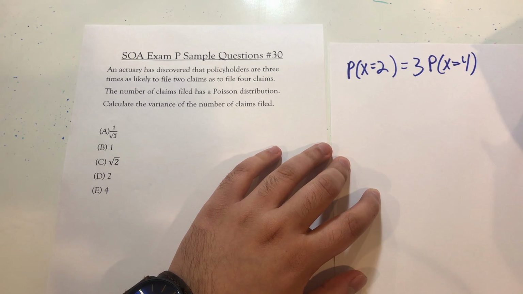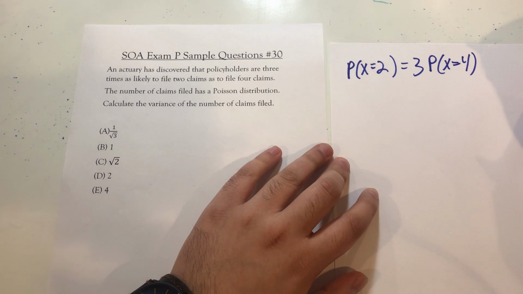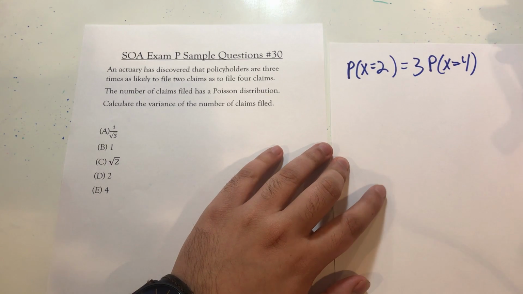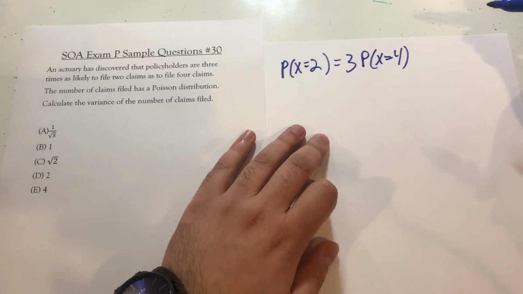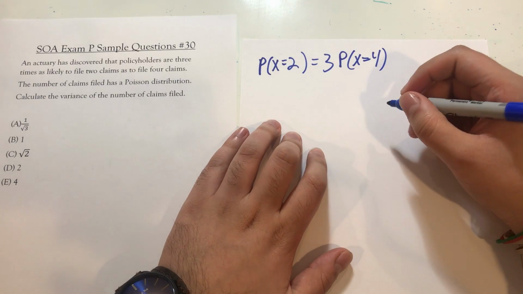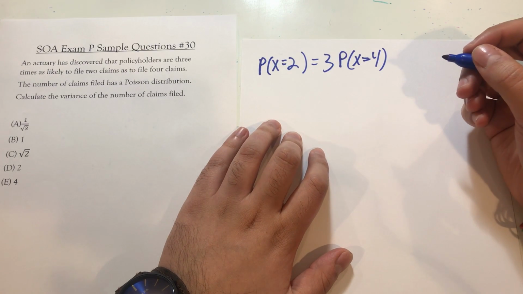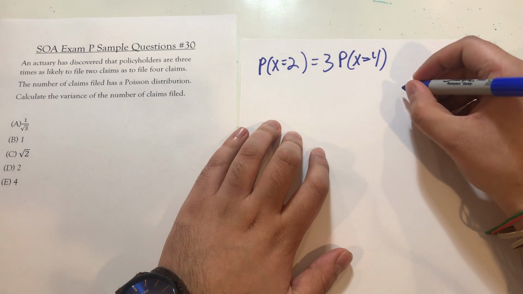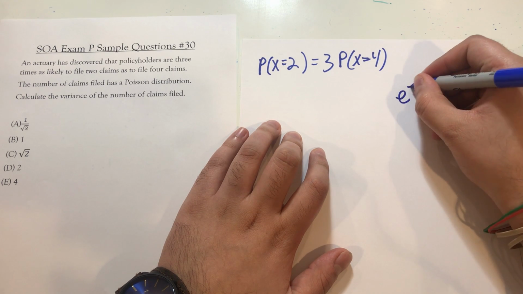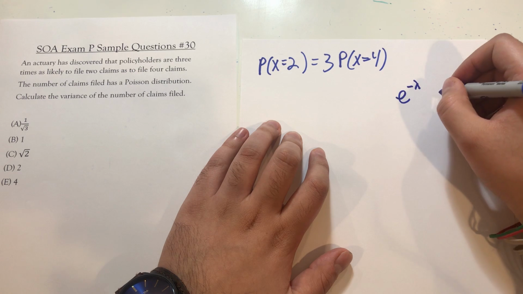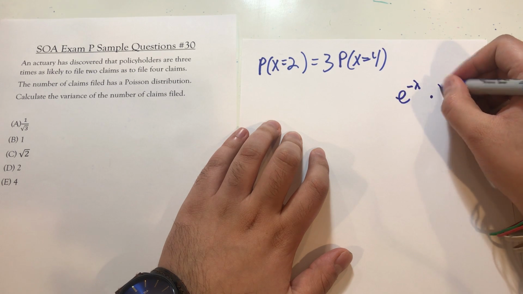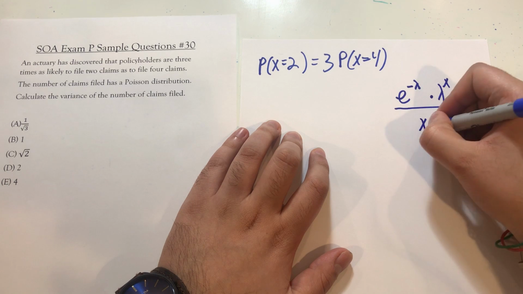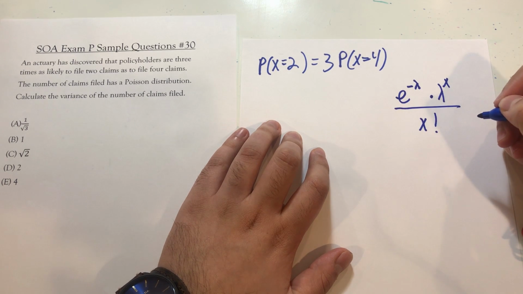Now, we're told that this probability distribution of how many claims filed is a Poisson random variable. And the probability equation for a Poisson random variable is the following: e to the negative lambda times lambda to the x over x factorial.